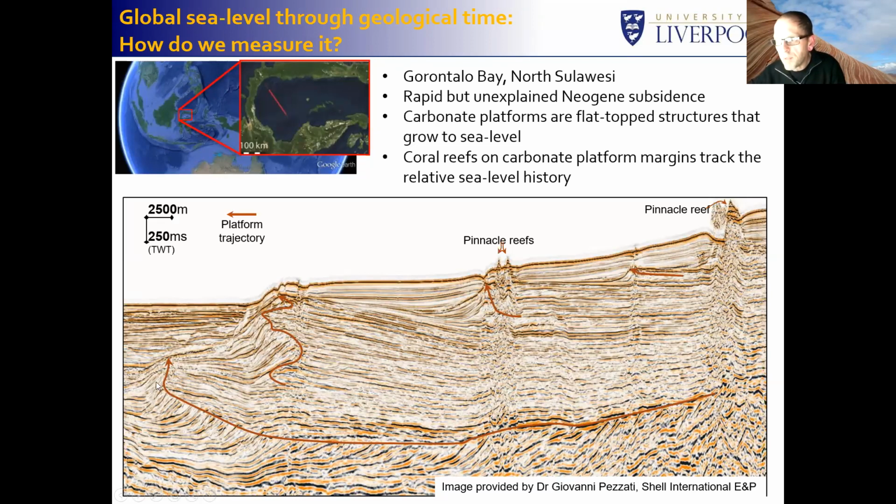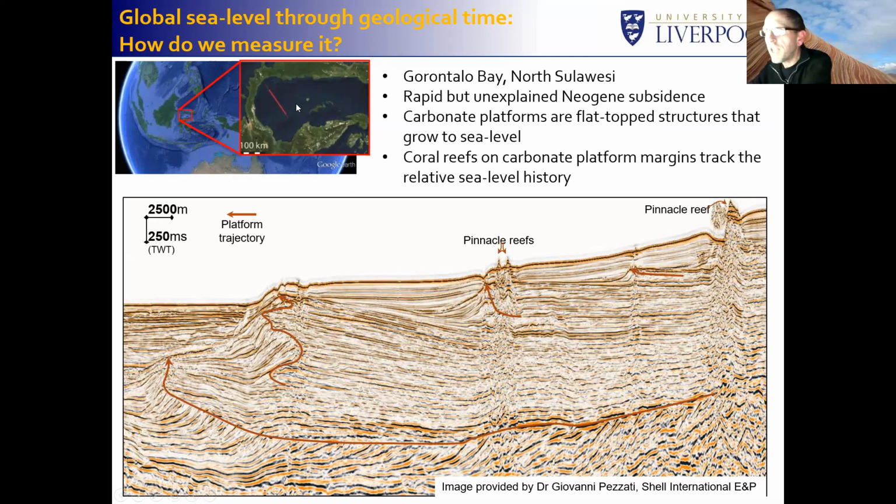It built out through time, got a bit tilted, stepped back, kind of aggraded vertically for a while. So just built up vertically, jumped back, prograded a bit, jumped back, prograded a bit. The point is actually quite a complex history of the platform building out, retreating, building out, retreating. And this all records the sea level history in this area of Southeast Asia through the Neogene, right? So the past 20, 30 million years or so, okay?